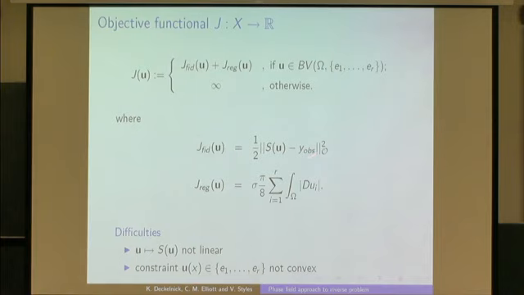And the second part is the regularization part, which was this perimeter regularization. So to make sense of this, we now have to assume that u belongs to the space BV of omega taking only as values the unit vectors e_1 up to e_r. So this means every component is a BV function which only takes the values 0 or 1.